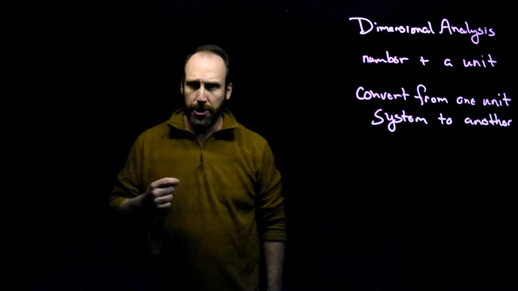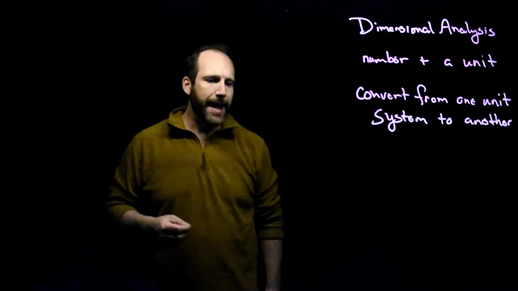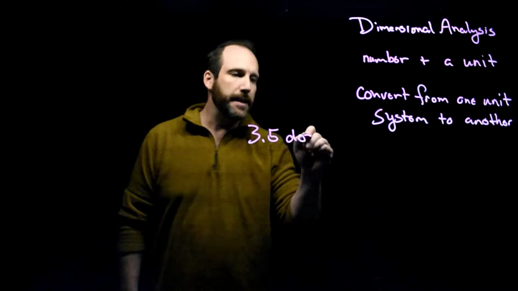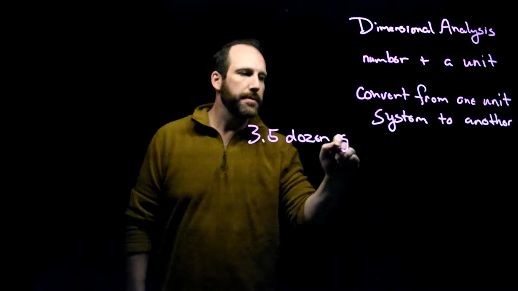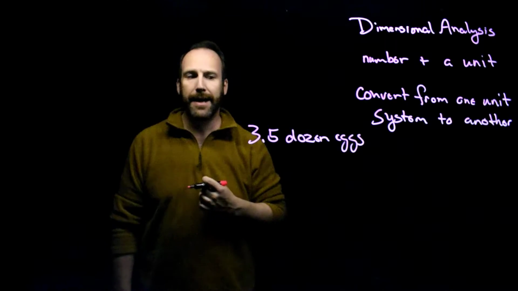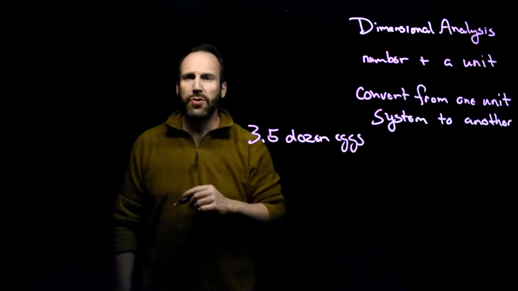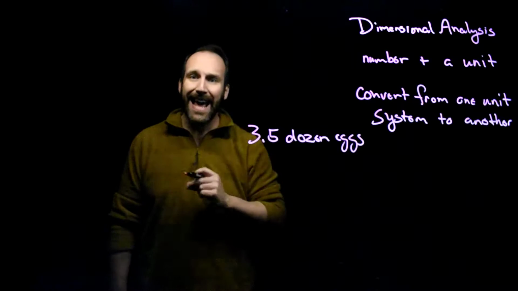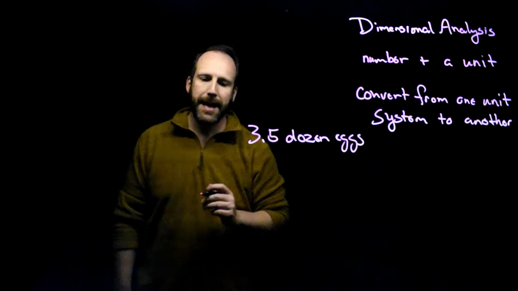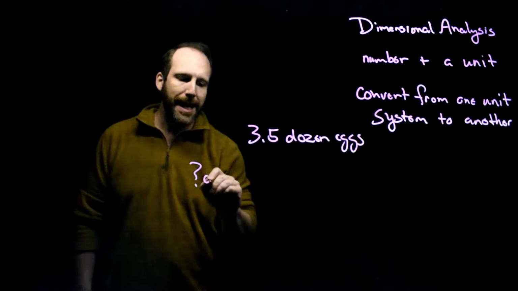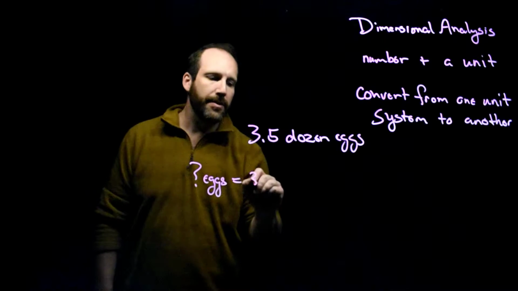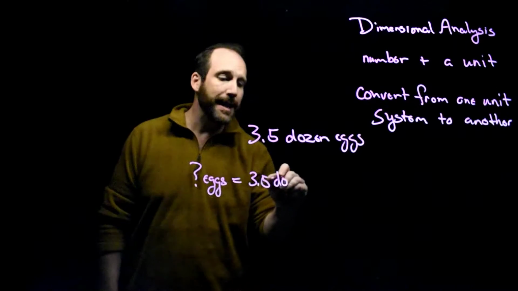What if I told you I had 3.5 dozen eggs? Okay. Could you tell me how many eggs that I had? Well, you might be able to do that in your head, but this again is dimensional analysis. So the question that we want to ask is, how many eggs are there in 3.5 dozen?